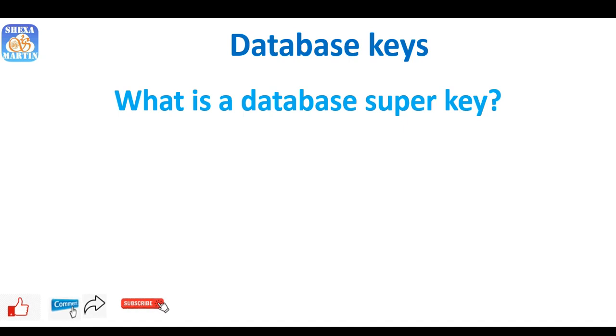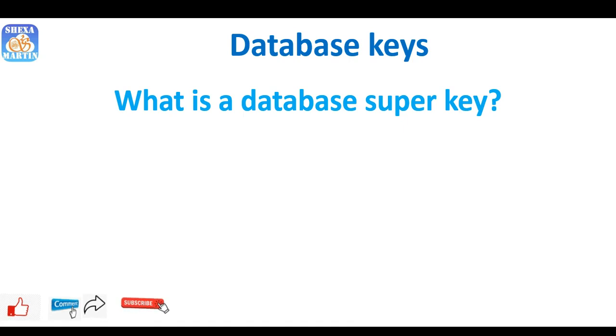We are saying the super key is different from the primary key and candidate keys in that the primary keys or candidate keys consist of minimal super keys. So by that I mean we cannot say a super key is a primary key or a candidate key.